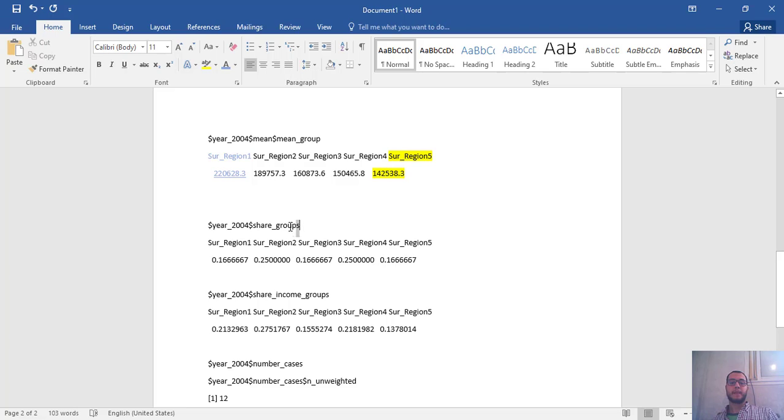Sorry, not to the total GDP, but to the total Gini coefficient. And here we have the income shares of the groups.